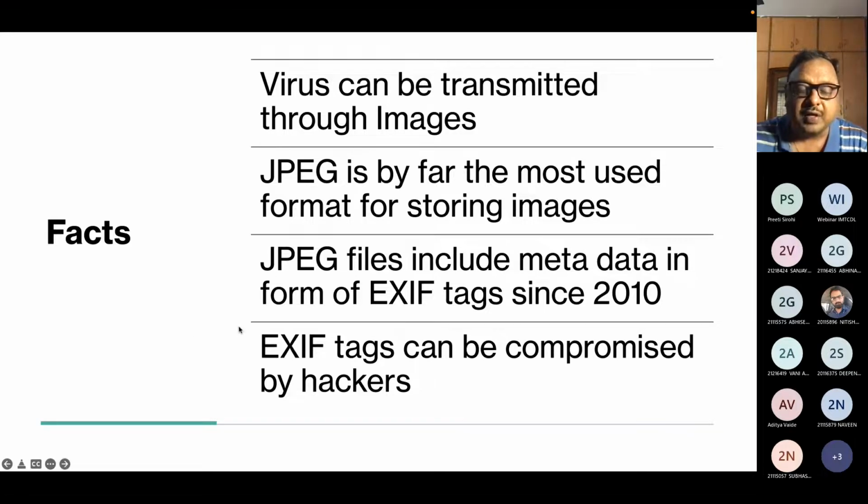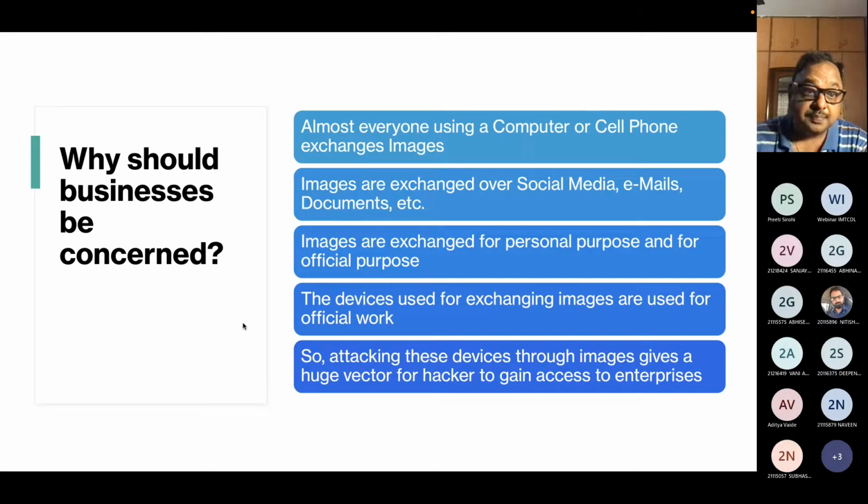So this is the experiment we will do. How do we detect whether an image file that you are getting contains a virus or not? Like we were discussing, why should it be a concern for businesses? In businesses, we have many channels through which all the employees of the organization interact with the world. They interact through computers, cell phones, etc., and they utilize so many media to exchange images.